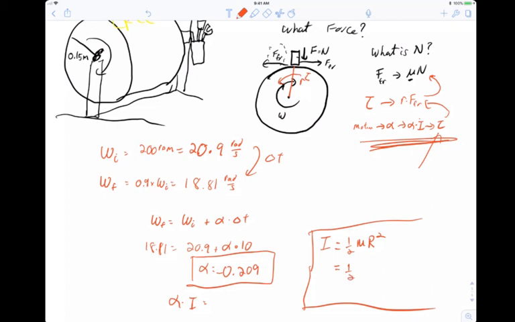The mass is 28 kilograms and the radius is 0.15 squared. 0.315. Really? That seems awfully low. Numbers don't lie.